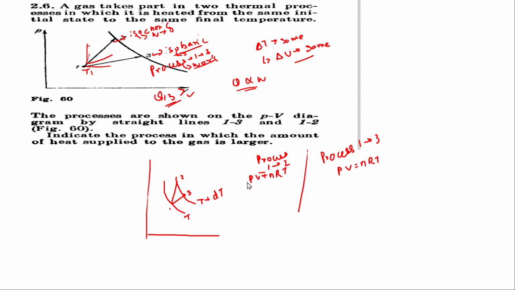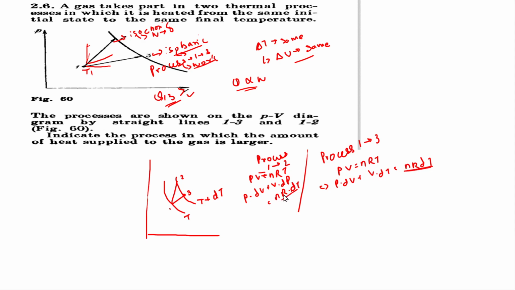Now differentiate both sides. We apply a change in both sides. That will be PdV plus VdP equals nRdT. And in this case also PdV plus VdP equals nRdT. So the end result is the same. nRdT, whether it be process 1 to 2 or process 1 to 3, these terms are constant for both the processes.